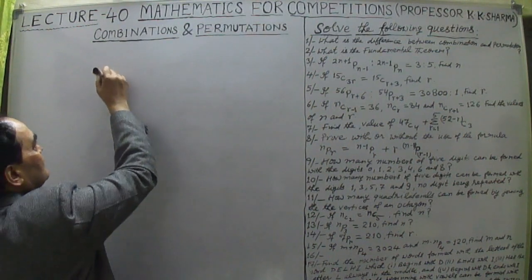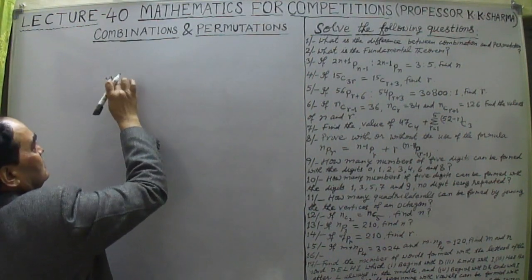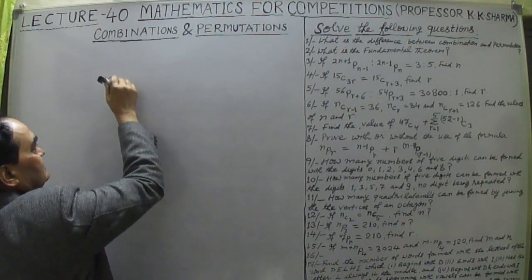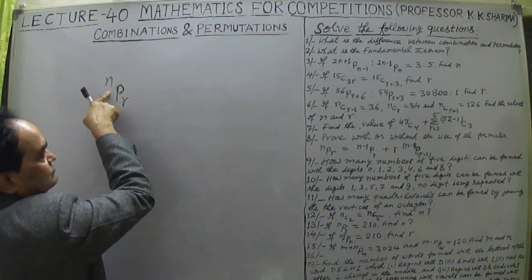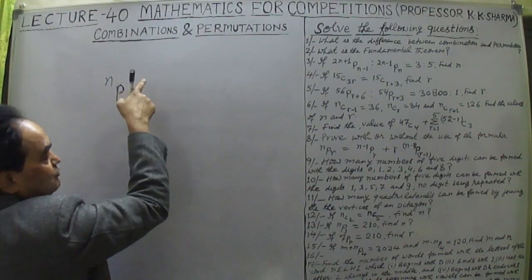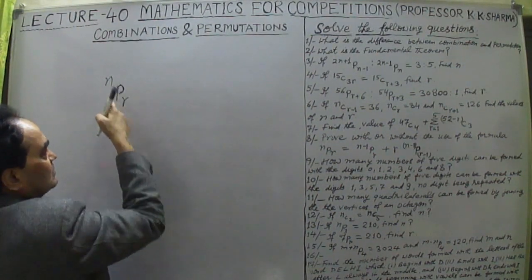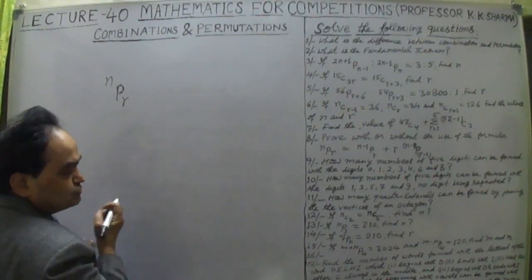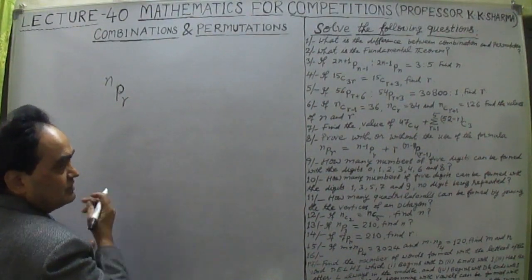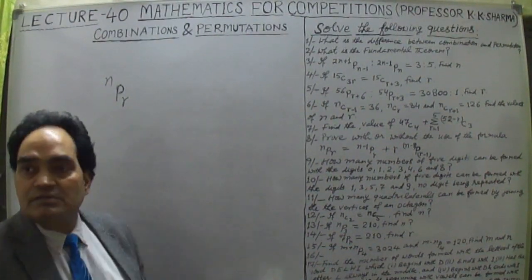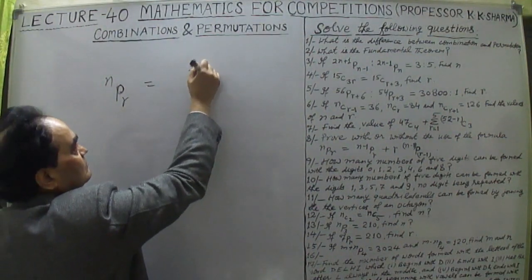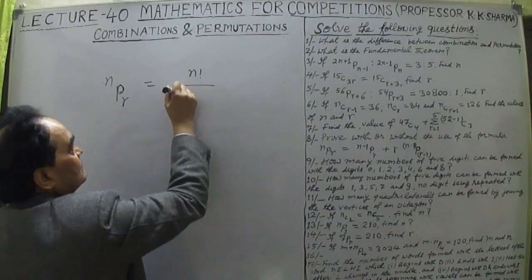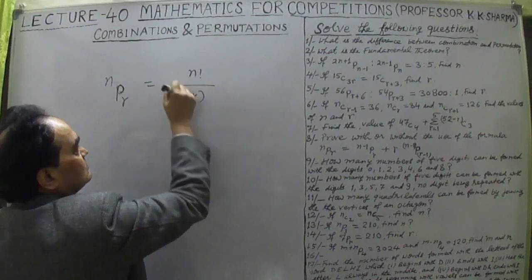First, we know that nPr, this is capital P, n is the total number of items, P denotes permutation, and r items are chosen out of n items. That gives us the formula factorial n divided by factorial n minus r.